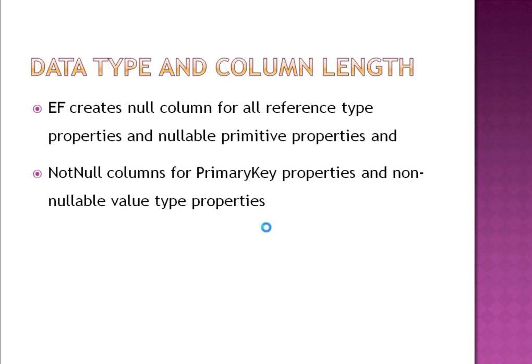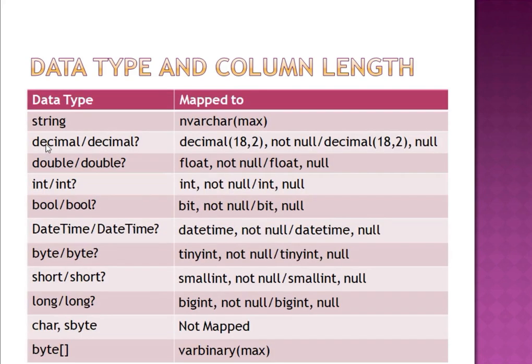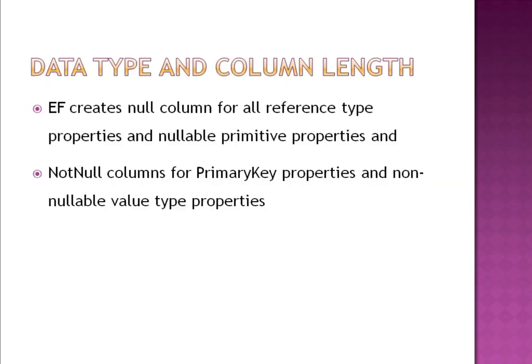As I showed you, decimal, double, int, bool are non-nullable value types, so for those the columns will be not null. But for reference types like string, or nullable types like decimal?, double?, int?, bool?, the column will be nullable. I hope you got this.